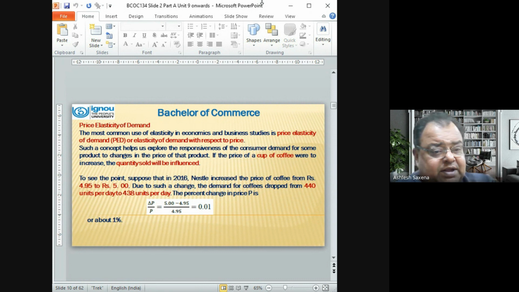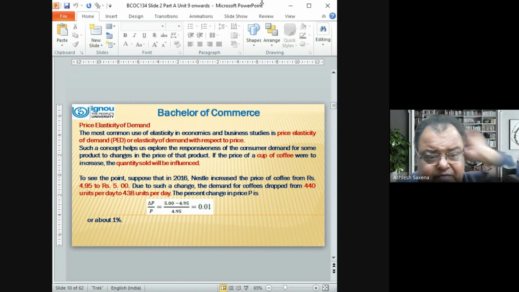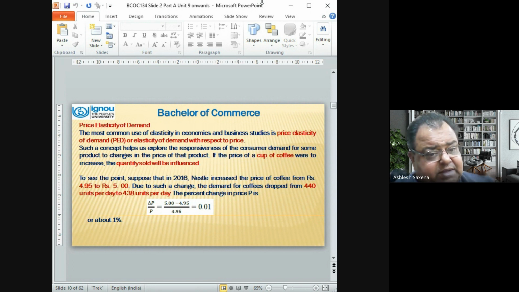To see the point, suppose in 2016, Nestle increased the price of coffee from rupees 4.95 to rupees 5. Due to such a change, the demand for coffee dropped from 440 units per day to 438 units per day.